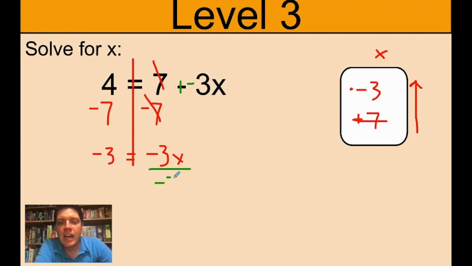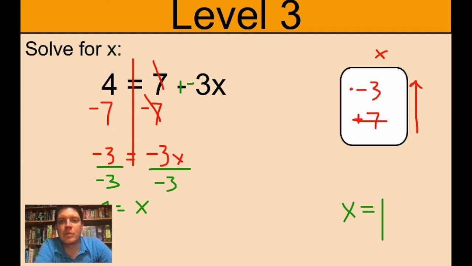So I'm going to divide both sides by -3, not a positive, stick with the negative. -3 divided by -3 is +1 equals -3x divided by -3 is 1x. So I'm claiming that the answer is x equals 1.